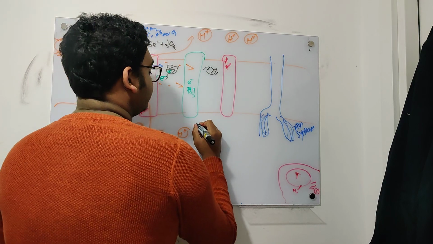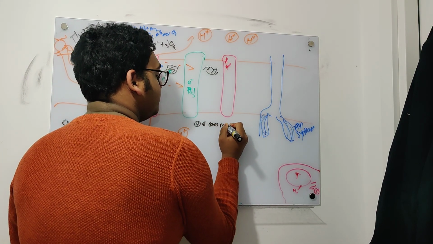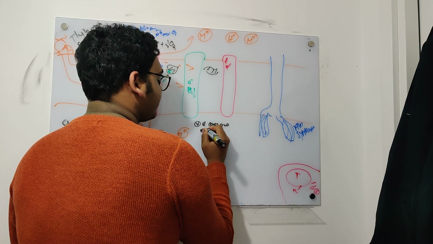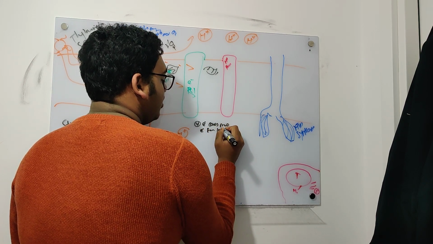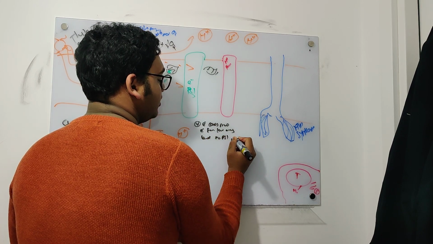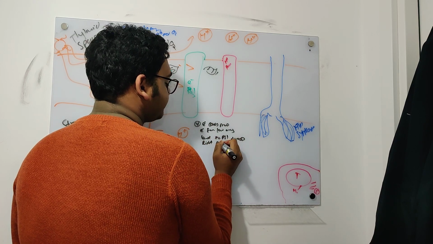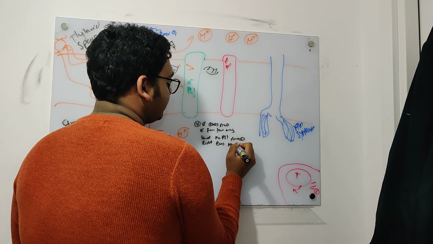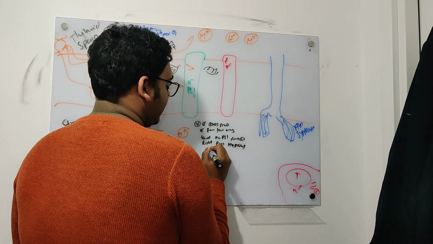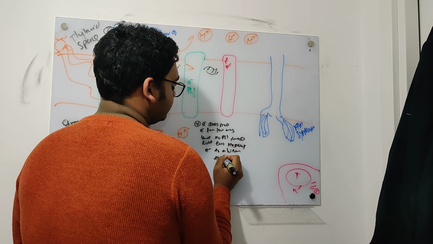So the next thing I'm going to put is that electron carriers move electrons from a low energy level to PS1, where light energy re-excites electrons to a higher energy level.